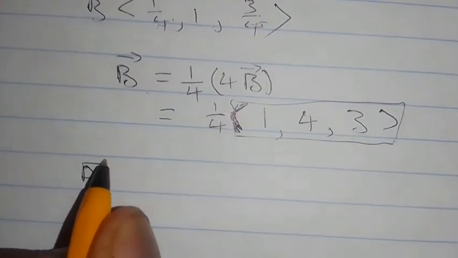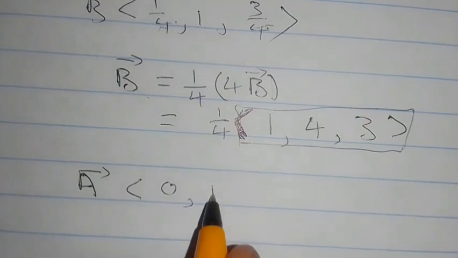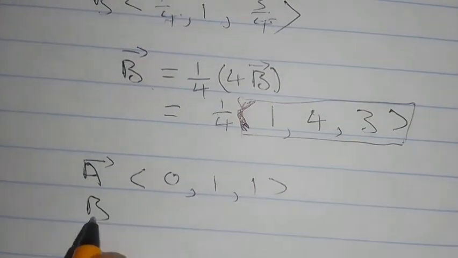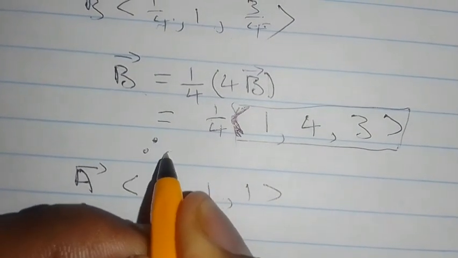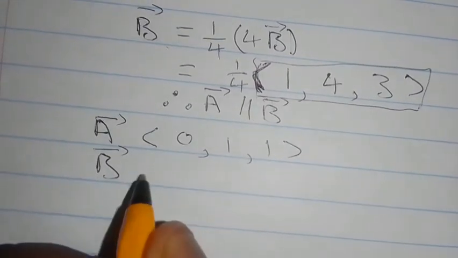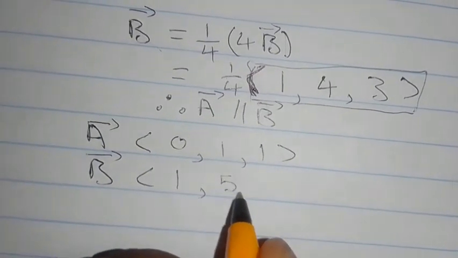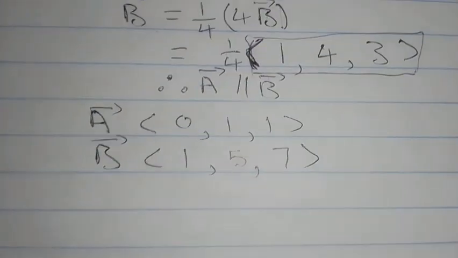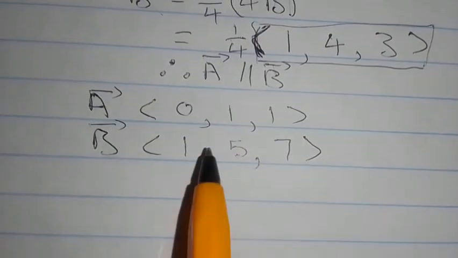So now let's look at vector A, given by 0, 1, 1, and vector B given by 1, 5, 7. Are these two vectors parallel? No, because you cannot express this as a multiple of the other vector.